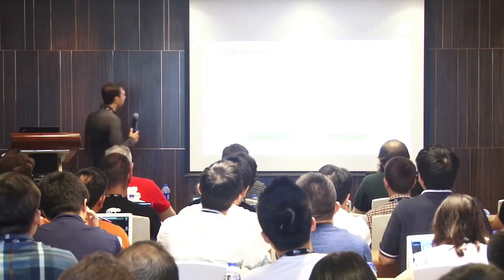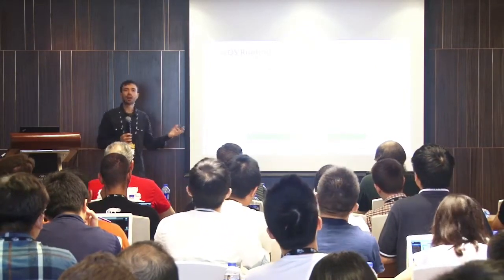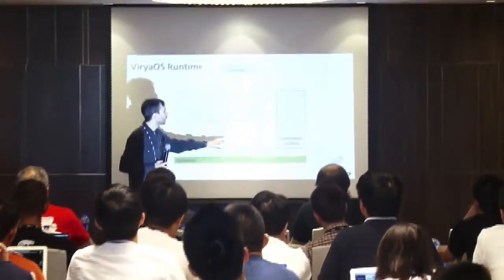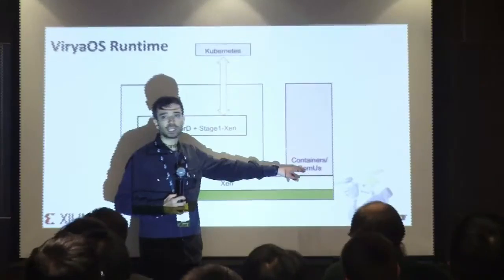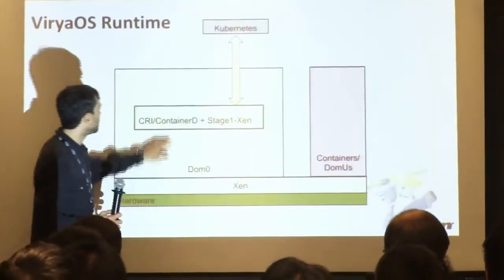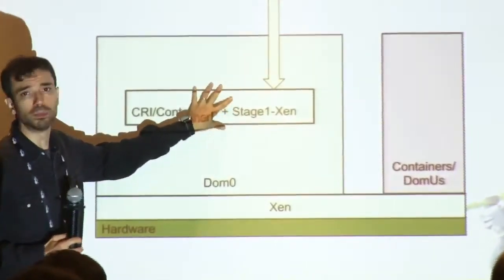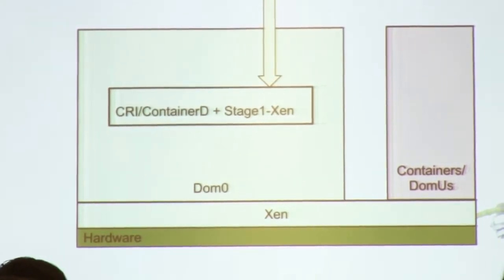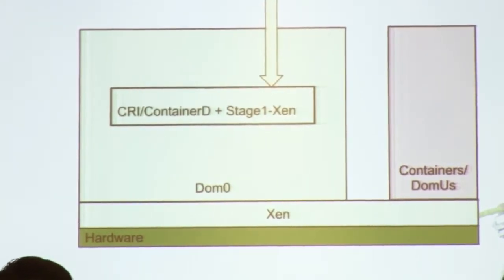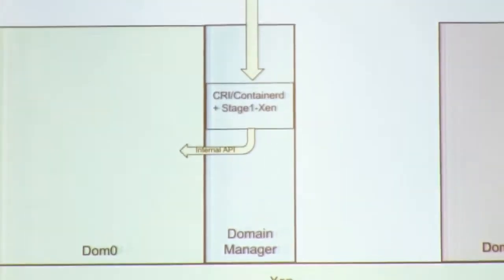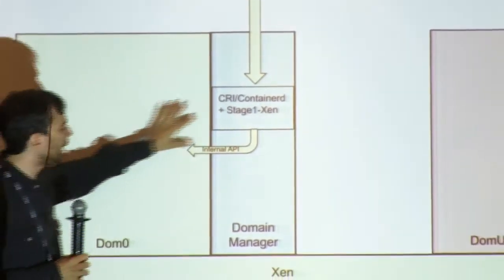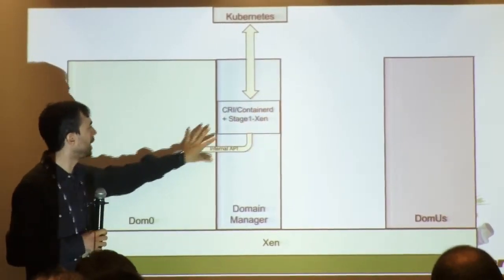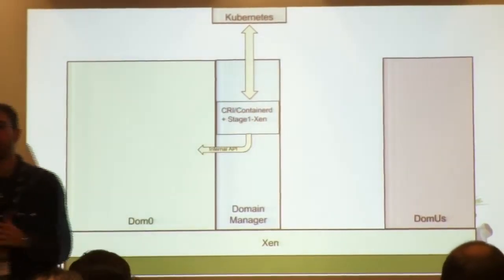Okay, so the very basic environment that we plan to enable is Dom0 on Xen with a bunch of containers run as VMs, and then containerd and xenstored on Dom0. We should definitely be able to do this. But once we accomplish this, the next step is to move containerd and xenstored to their own domain manager and take these components out of Dom0.